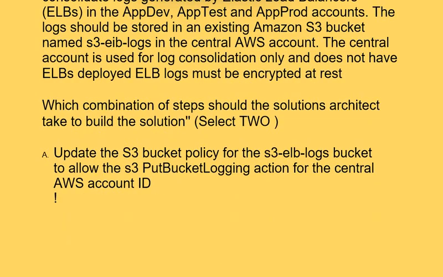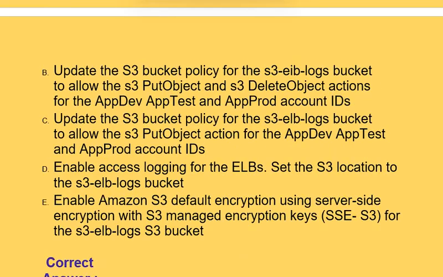Option A, update the S3 bucket policy for the s3-elb-logs bucket to allow the s3:PutBucketLogging action for the central AWS account ID. Option B, update the S3 bucket policy for the s3-elb-logs bucket to allow the s3:PutObject and s3:DeleteObject actions for the app-dev, app-test, and app-prod account IDs.